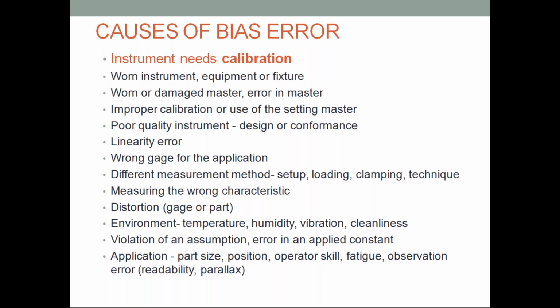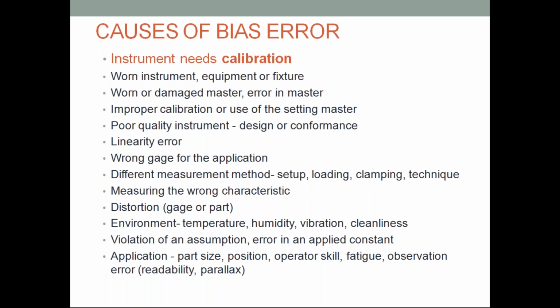Other causes of bias: worn instrument, equipment, or fixture, worn or damaged master, error in a master, improper calibration or use of a setting master, poor quality instrument design or conformance, linearity error, wrong gauge for the application, different measurement method, setup, loading, clamping techniques, measuring the wrong characteristic, distortion of the gauge or the part, environment, temperature, humidity, vibration, cleanliness.